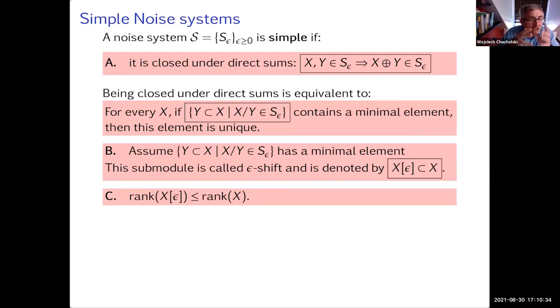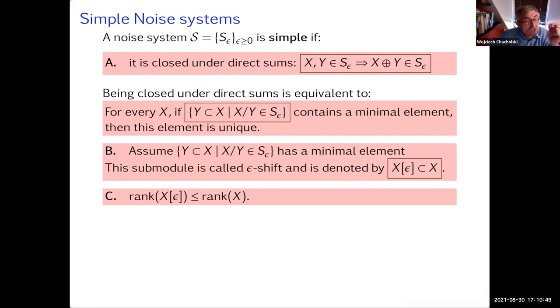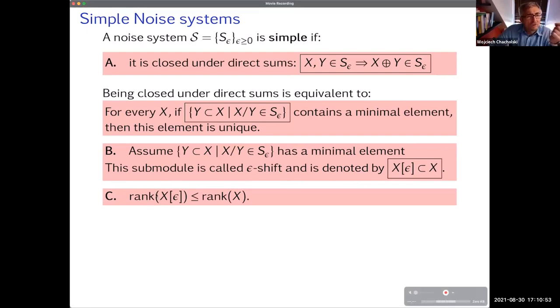That's what I would like you to remember. Of course, this condition is invisible if you take one-parameter persistence, because rank is a monotonic function for one-parameter persistence. To see the role of the rank, you need to look at multi-parameter persistence.